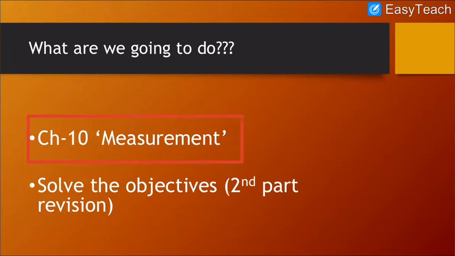We were revising chapter number 10, measurement, and we are going to continue. This is the second part, in which we are going to solve the objectives from the textbook. After a quality discussion of this topic from the extra material, we first solved the objectives from the extra material itself, and then we moved towards the textbook exercise of this chapter.